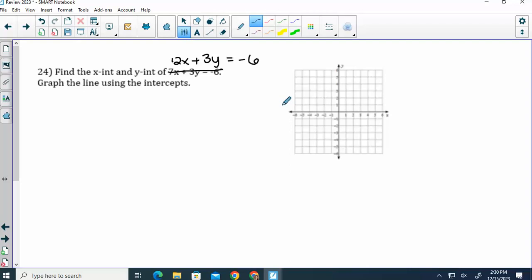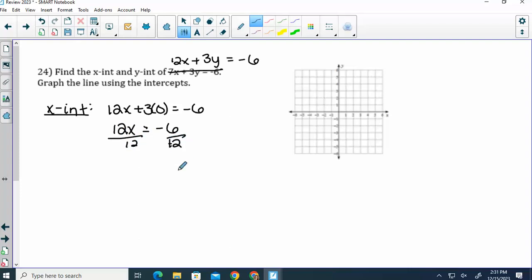Okay, find an x-intercept? X-intercept is asking when it hits the x-axis, so that means your y is 0. So we get 12x. 3 times 0 is just 0, so we can drop that, equals -6. Divide by 12.